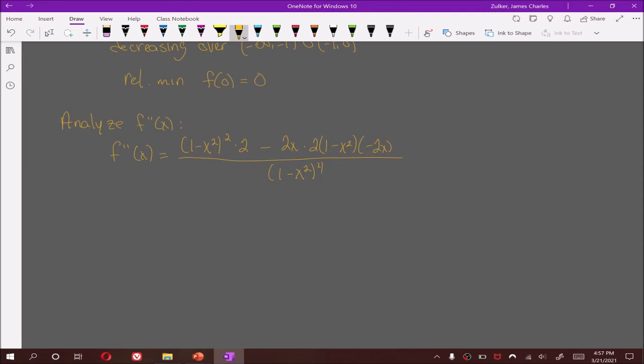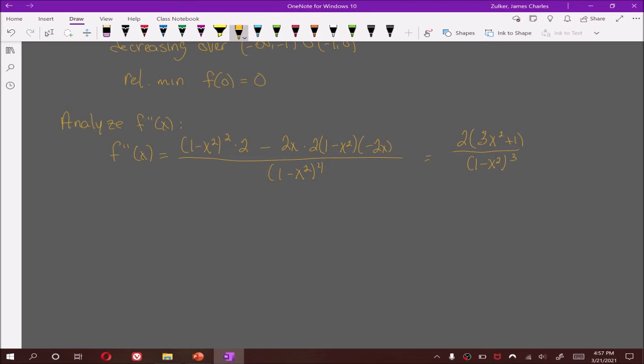And if we go and simplify this, this will leave us with 2 times 3x squared plus 1 over 1 minus x squared cubed.